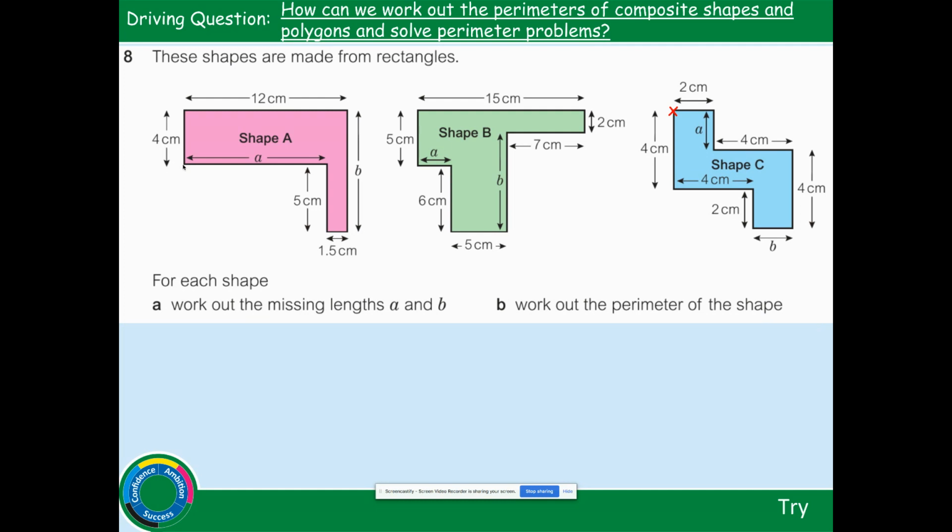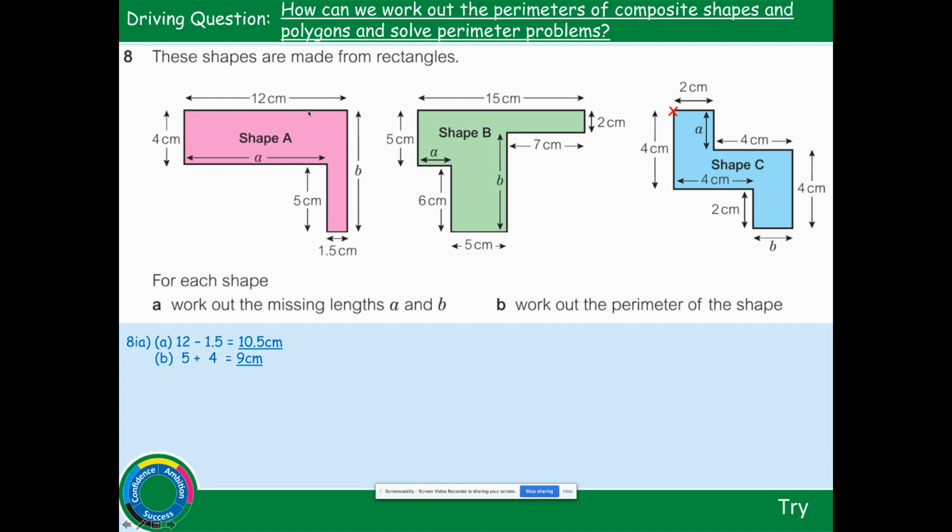Right, okay, so the first one, shape A. To find A, we know we've got 12. So if we do 12, take away this 1.5, it'll give us 10.5. So we know that this distance is 10.5. So if I just check with the inverse, 10.5 add 1.5 will make 12.